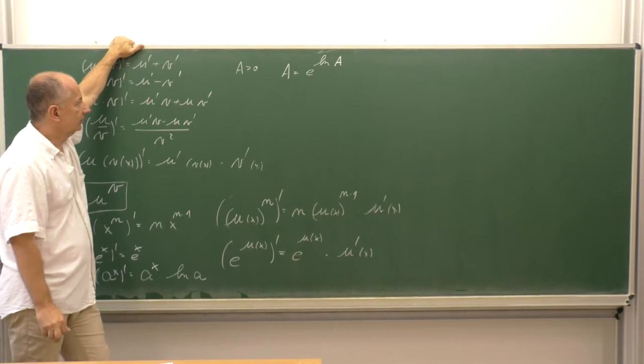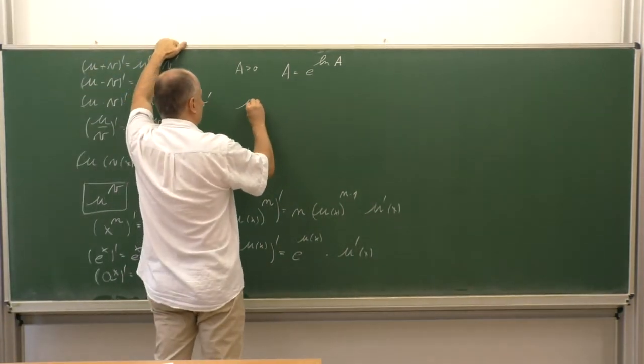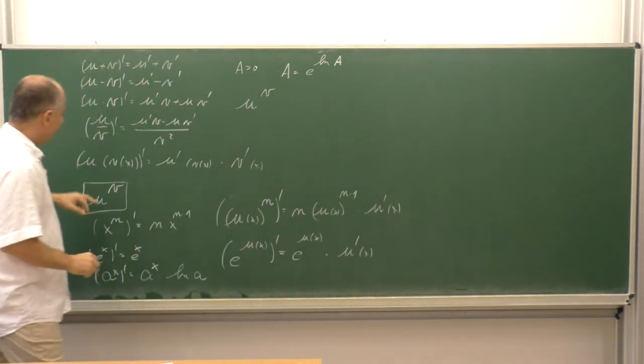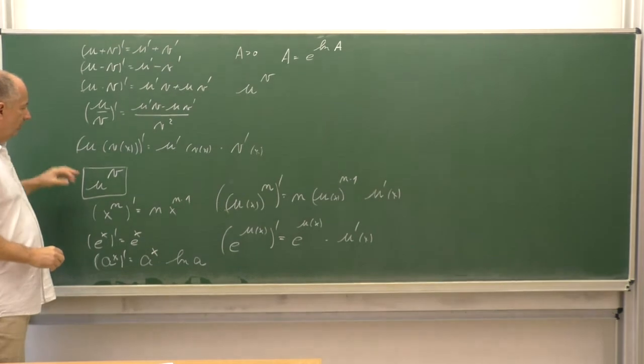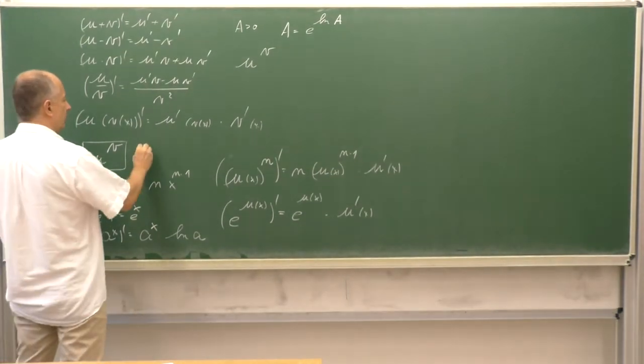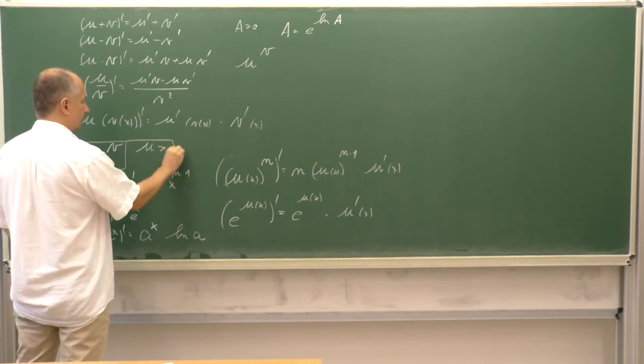And then we can write that u to v, and for such expression, we assume that the base u is positive.